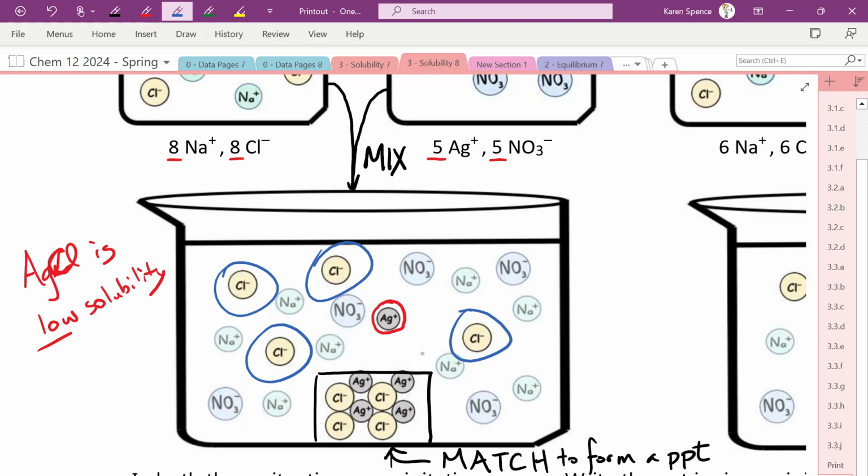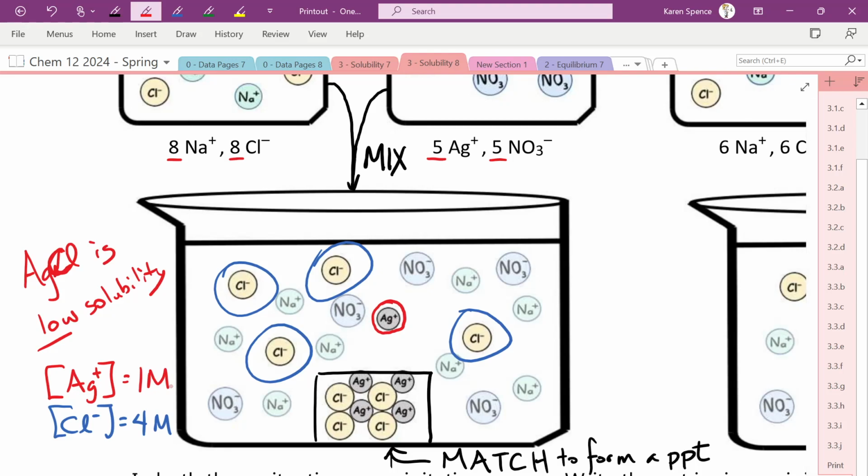So our concentration of chloride here is 4 molar, and the concentration of silver is 1 molar. Are those concentrations the same?